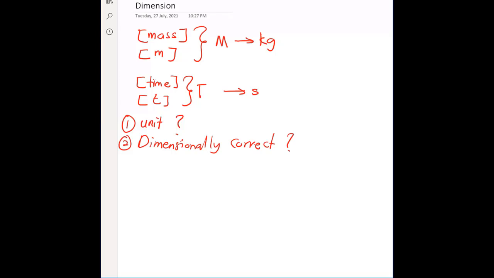Dia adalah dimensionally correct if the left hand side of the equation is equal to the right hand side of the equation. Soalan ni pun biasa keluar, dia minta awak buktikan sama ada dia dimensionally correct or not. Macam mana nak buktikan? You have to check left hand side dia punya dimension sama dengan right hand side.